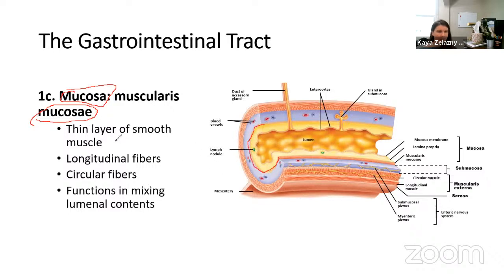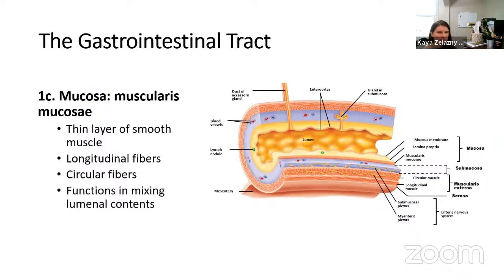It's made up of longitudinal fibers and circular fibers. So we have some fibers that are going all the way around, like this. So they can squeeze and narrow the tube. And we also have some longitudinal fibers that would run like this, which are going to be able to lengthen and shorten the tube very slightly.